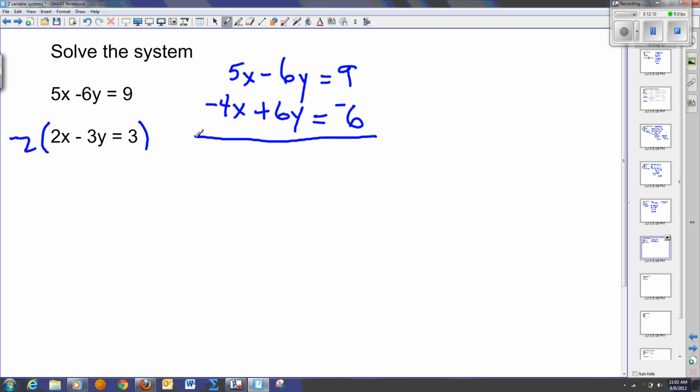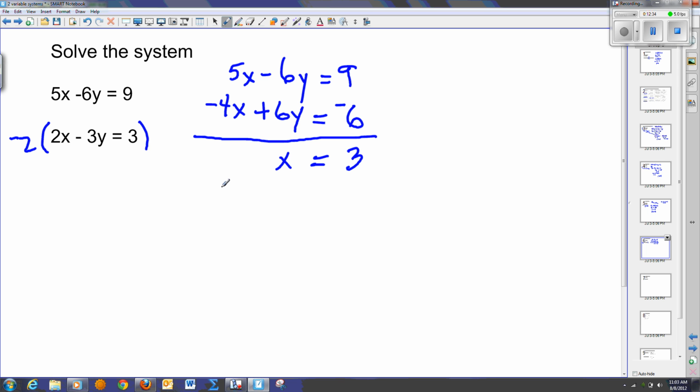And in the previous example, we used elimination. If I add 9 to -6, I get 3. And really, this -4x plus 6y also is equivalent to -6. So I'm adding -6 to both sides of the above equation. In doing that, the 6y is reduced, and I get x equals 3. So I've eliminated a variable to find a new variable.